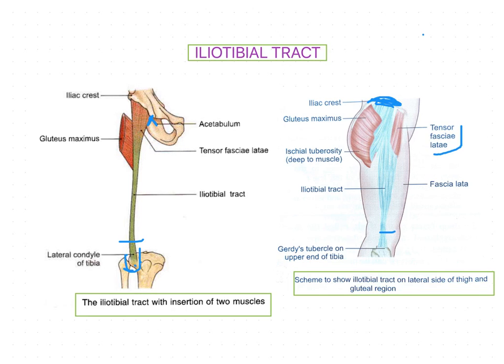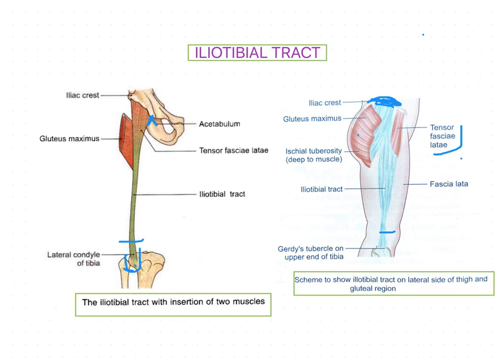The tensor fasciae latae is a muscle; the fascia lata is a deep fascia. So the uppermost part of the iliotibial tract gives insertion to two muscles: the gluteus maximus and the tensor fasciae latae.